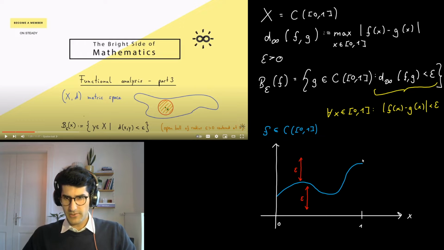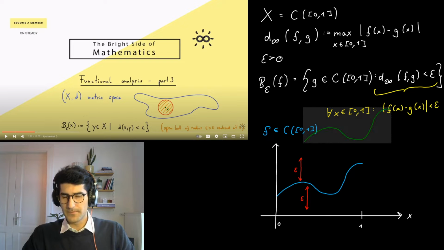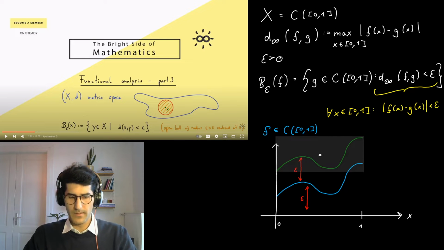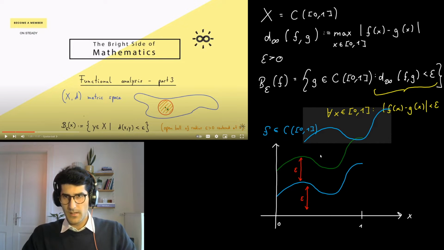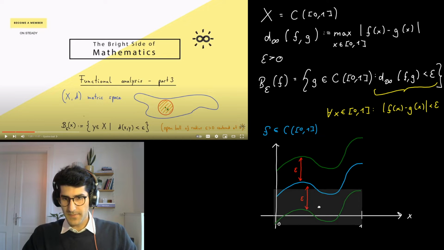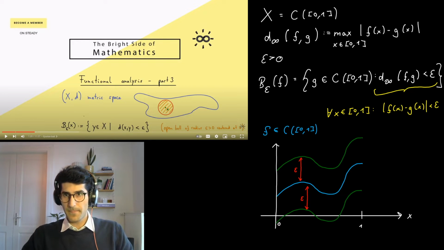So how can you imagine this? Well, think of a tube that has the same shape as our function f. And in 2D this works very well. So I have now an epsilon tube that surrounds my function f.